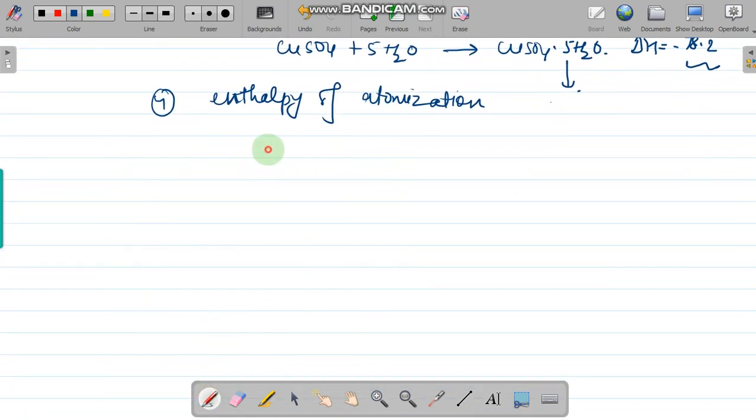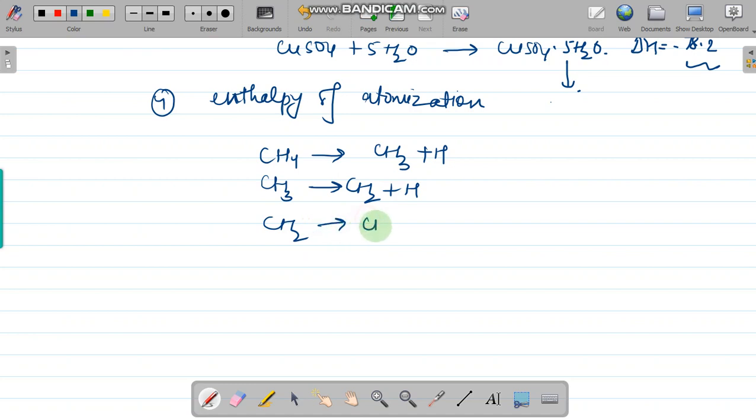For example, you have CH4 reacting to give CH3 plus H. Then CH3 gives CH2 plus H, which means it is converting into atoms. CH2 gives CH plus H. Then CH gives C plus H.